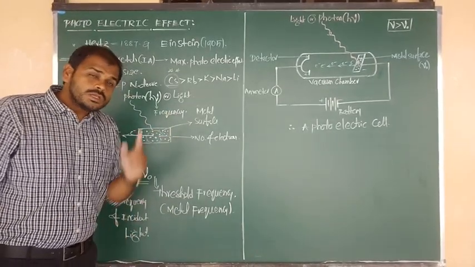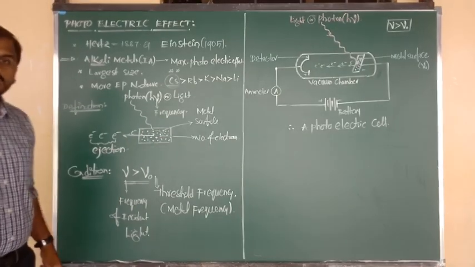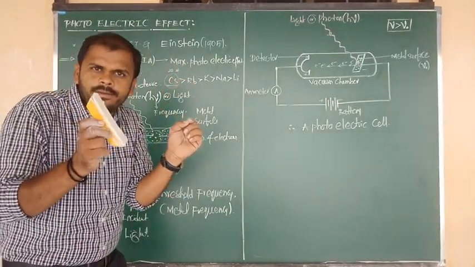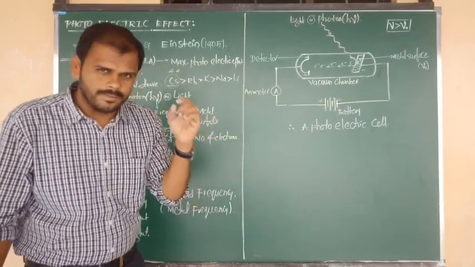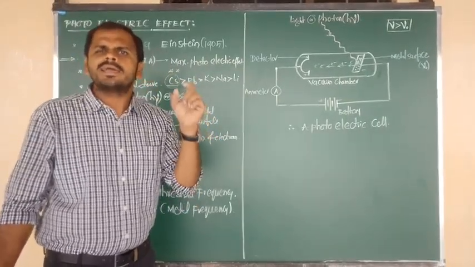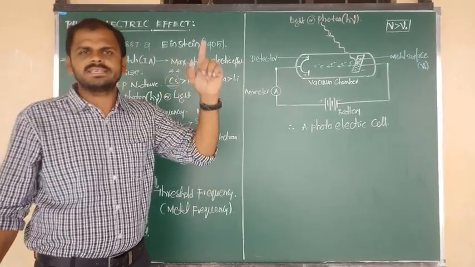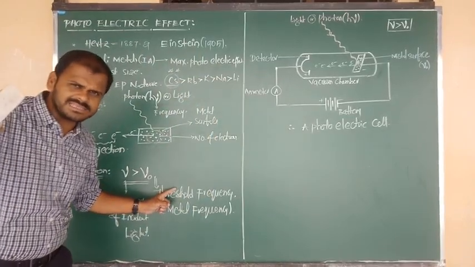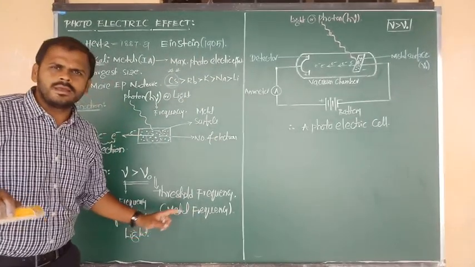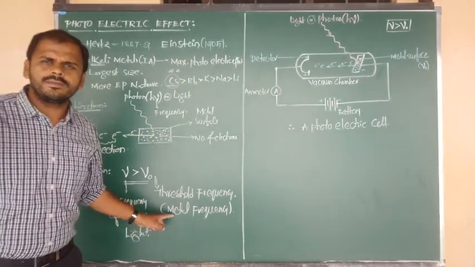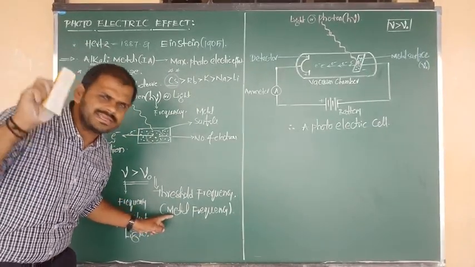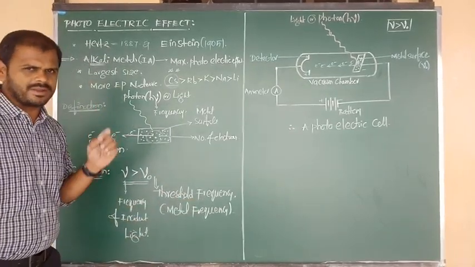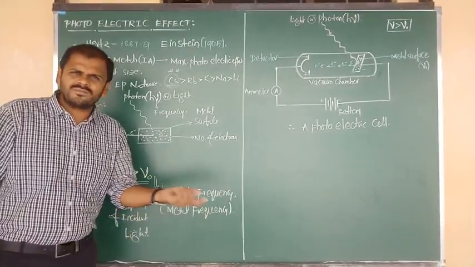So on the basis of that concept, each and every metal in nature contains a minimum characteristic suitable frequency, that is called threshold frequency. So threshold frequency is nothing but metal frequency. You don't need to remember the definition of threshold frequency.